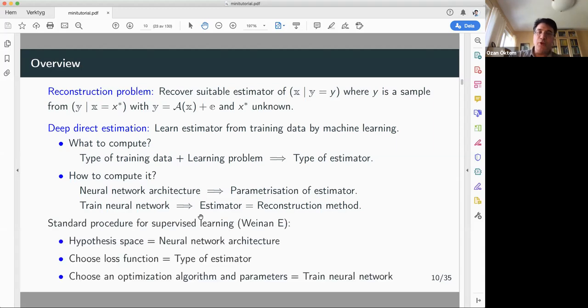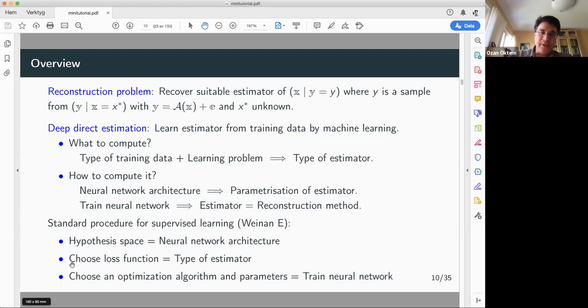And for those of you who listened to Weinan E last week, he was giving a nice survey on the mathematical foundations of deep learning. He was essentially listing 3 basic steps that supervised learning involves. He was saying that one needs to decide on the hypothesis space, which essentially is the choice of the architecture for the neural network.